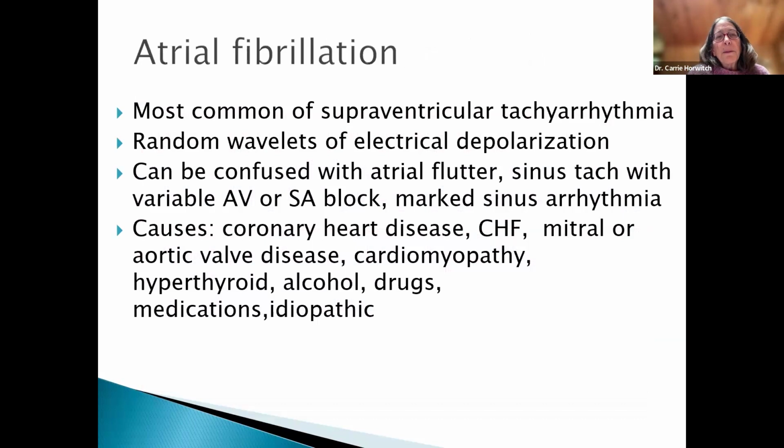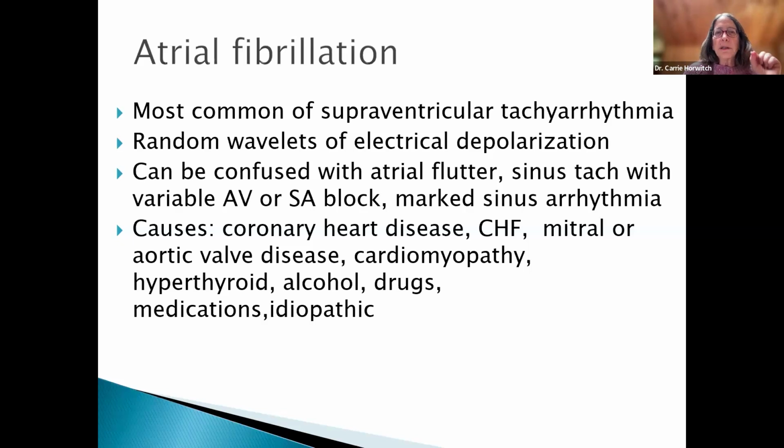So atrial fibrillation is probably one of the most common of the supraventricular tachyarrhythmias. Supraventricular just means above the ventricle, usually in the atrium. And again, it means there's random electrical depolarization. It can sometimes be confused with flutter, which usually has a little bit more of a regular pattern. It can also be confused with sinus tachycardia or very significant sinus arrhythmia.